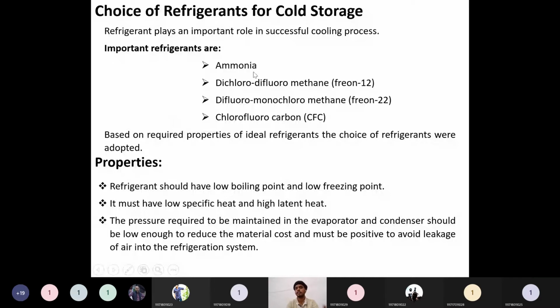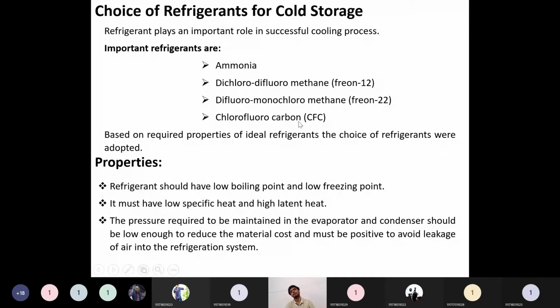The types of refrigerants which we can use inside a cold storage or cold cycle process are four. One is ammonia; dichlorodifluoromethane, popularly known by the trade name Freon 12; chlorodifluoromethane, popularly known by the commercial name Freon 22; then chlorofluorocarbons, CFC.